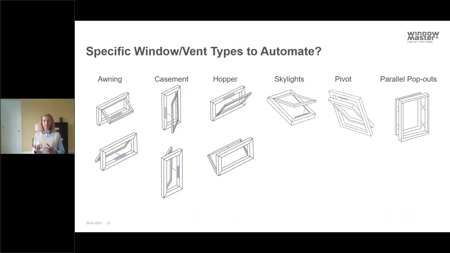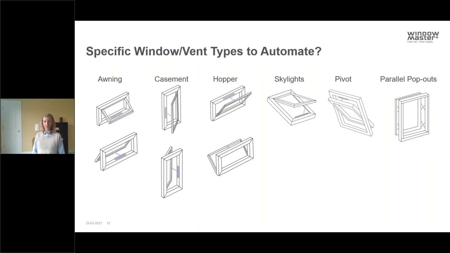So now we're going to start to really get into the nitty-gritty of some of the details here. I really want you guys to also get a good understanding of what kind of systems you can use window actuators for. So I've penciled out the various different types of window or vent configurations that we typically see and that we have a solution for. So going from left to right, you have your traditional awning style window.